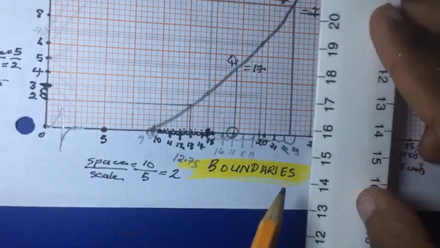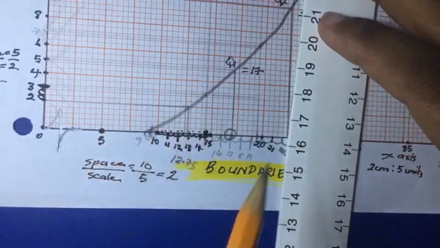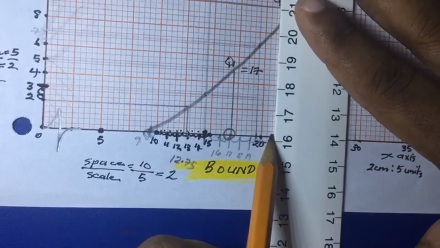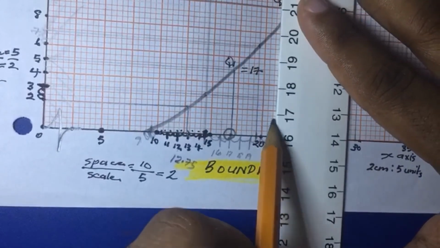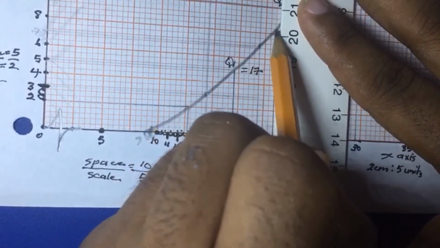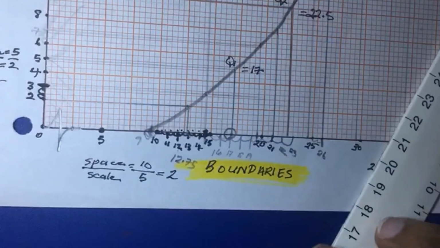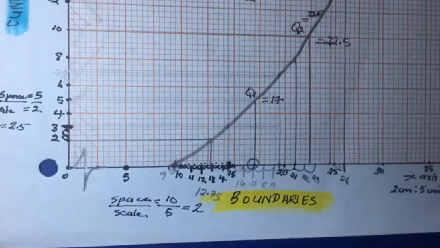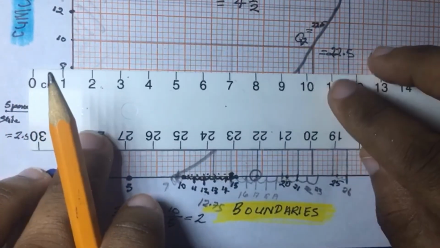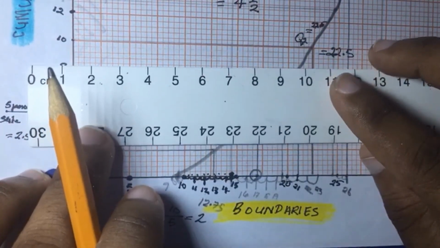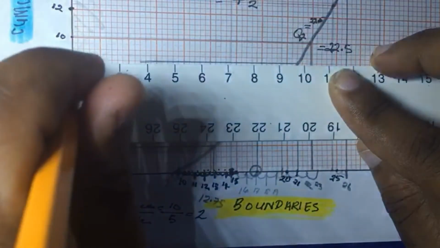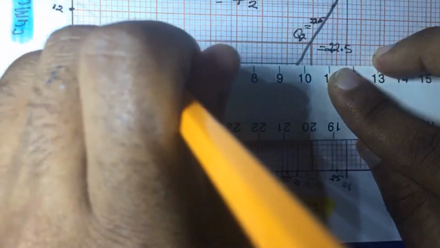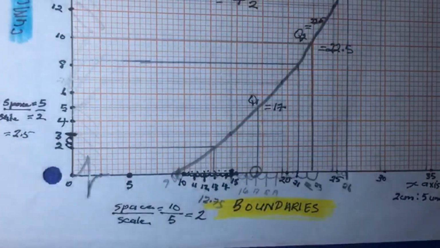So now we'll find our 21 is right here. So we draw a line from our 21 to touch the curve right there. So where it touches the curve, I'm going to carry it across to touch the y-axis right there.